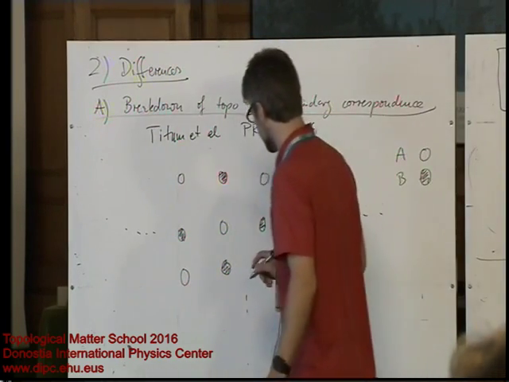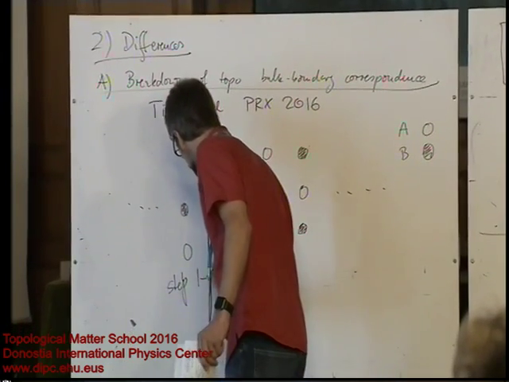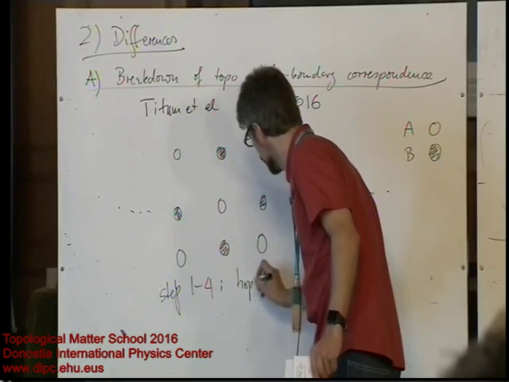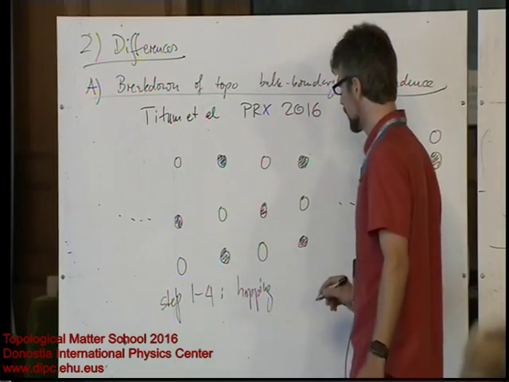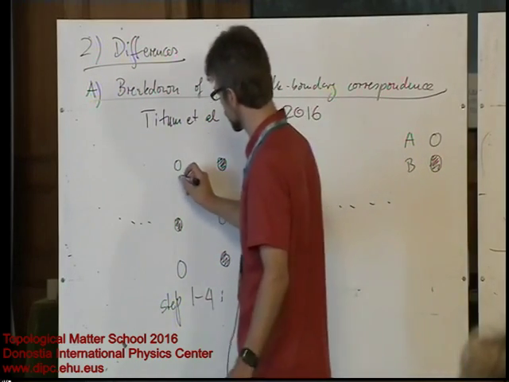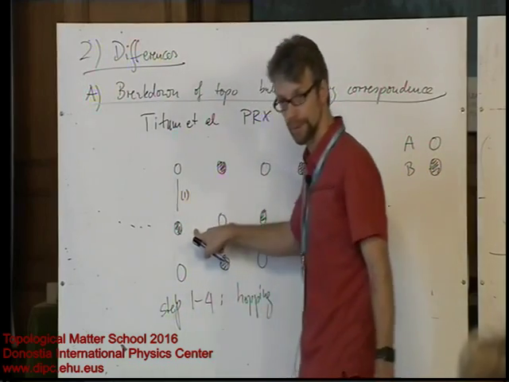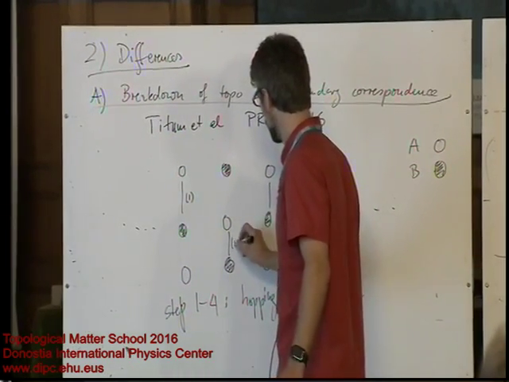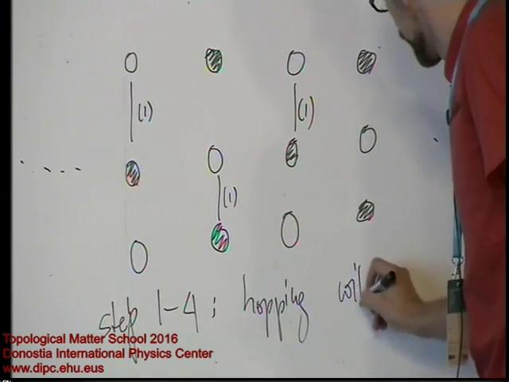Now steps 1 to 4 are hopping amplitudes that let particles hop with probability 1 between these two sites.